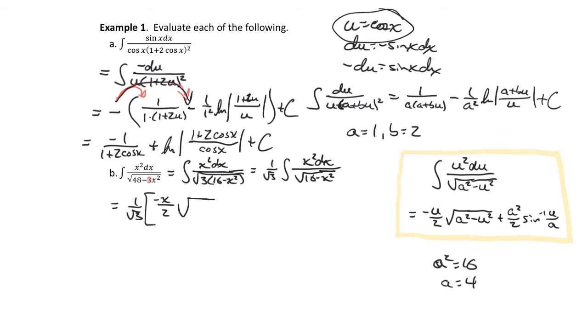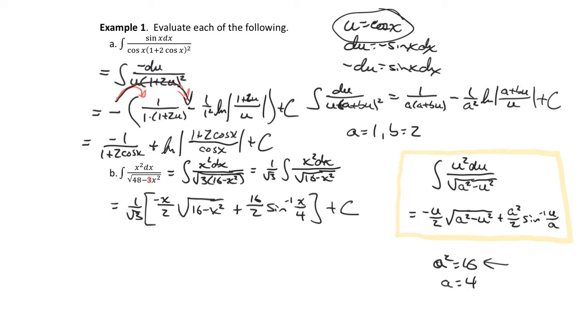Well, a squared we already said was 16, so it's going to be 16 minus x squared plus, excuse me, a squared again is 16 divided by 2 times the inverse sine of u over a. So that'll be x over 4. And then we'll put our plus c out front.